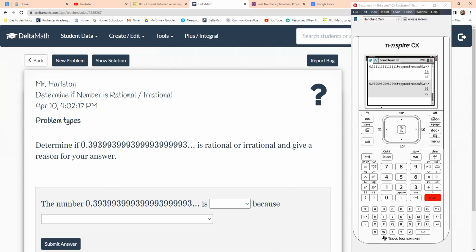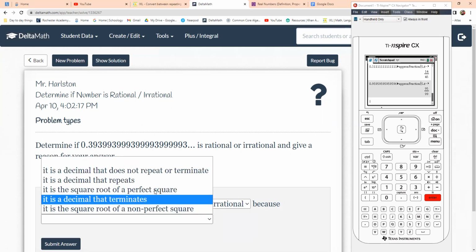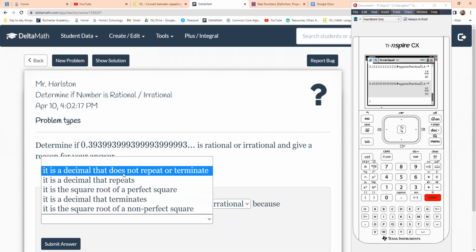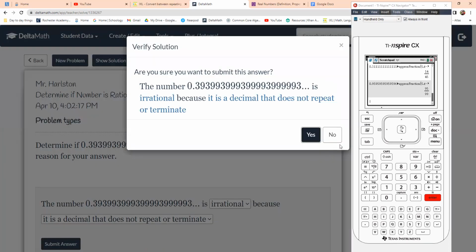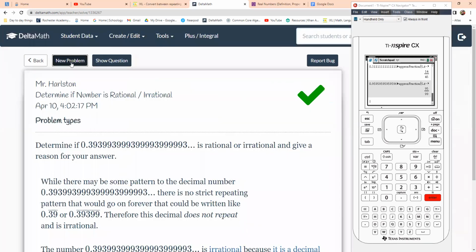But this pattern here is we're adding a 9 each time. So that's not a repeatable pattern for us. So you would say that this is irrational. And the reason is because it's a decimal that does not repeat or terminate. And so you would submit it, and they would say that's a good answer.